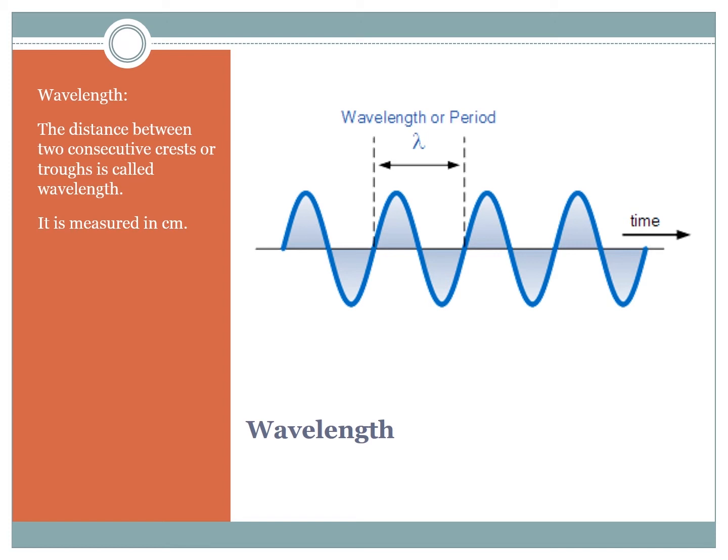Or you can say the distance between two consecutive peaks of crests or two consecutive peaks of troughs is also known as wavelength. Wavelength is represented by the Greek letter lambda, as you can see in the picture, and it is measured in units of centimeters or meters.